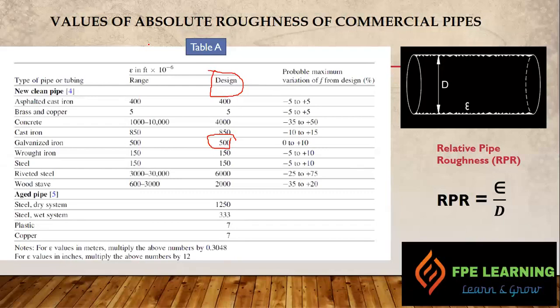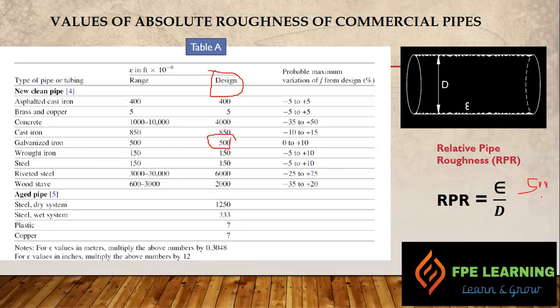So to find the relative pipe roughness, which is equal to epsilon E over D, just use the formula. If you use E from the data sheet or from this table, let's say we have 500 at this location.